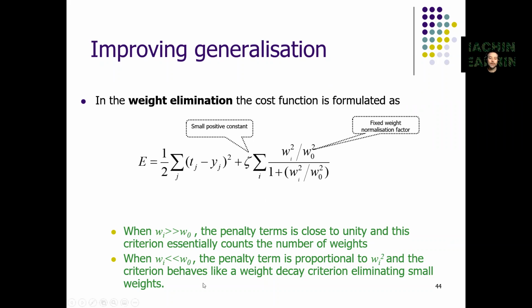If Wi is much, much smaller than the fixed weight, then the penalty term works a bit like the weight decay criteria. But it eliminates the small weights, okay? That's the idea.